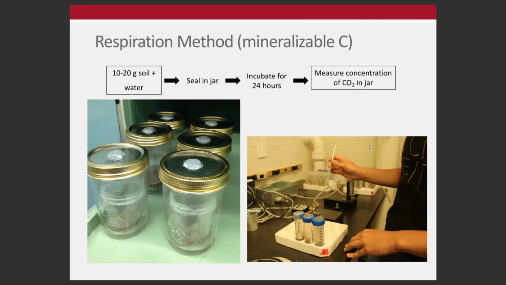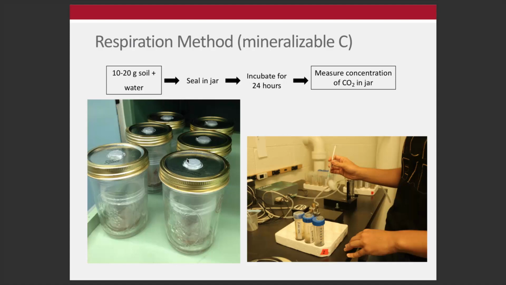The way we do it in our lab is we will usually add 10 to 20 grams of soil. We'll add a predetermined amount of water, and this is not particularly easy to figure out, and there's a lot we could say about that, but knowing the right amount of water to add can be challenging. We seal this in a jar, so either these pint or up to quart sized mason jars, or sometimes 50 ml centrifuge tubes right here.